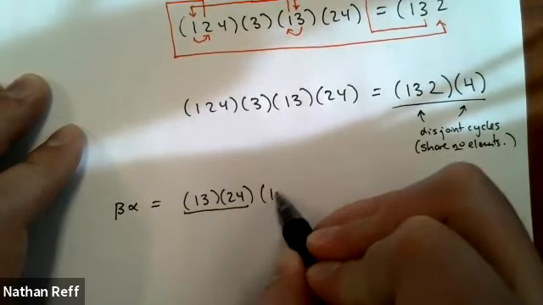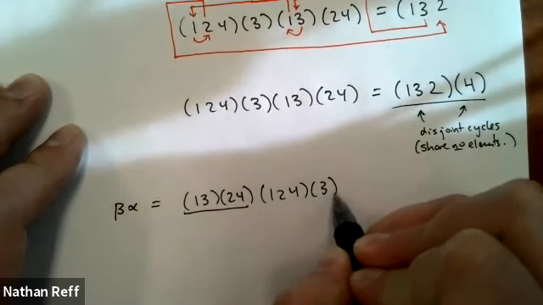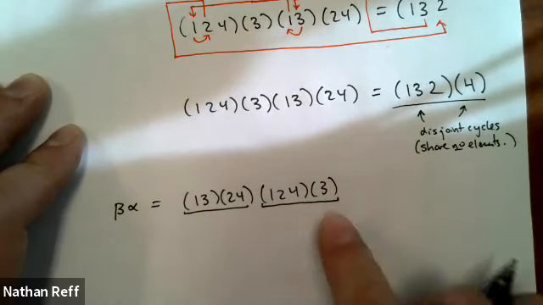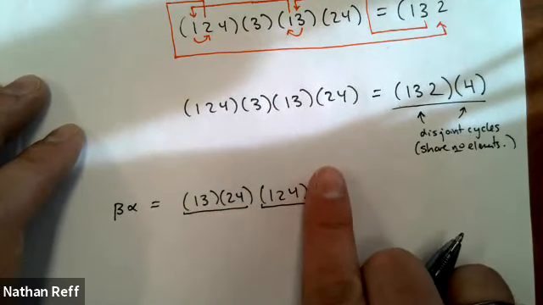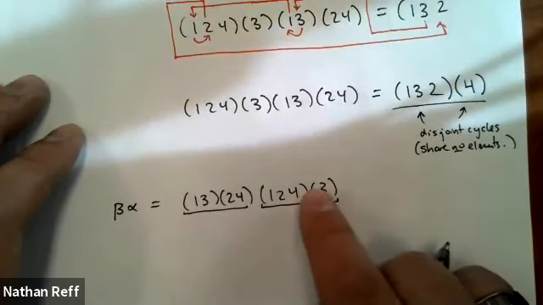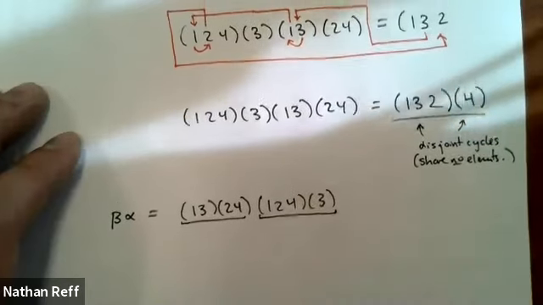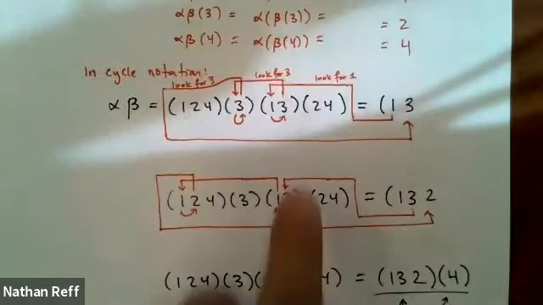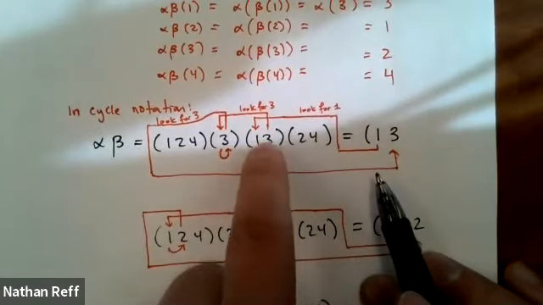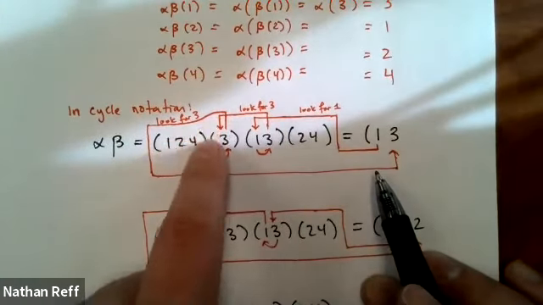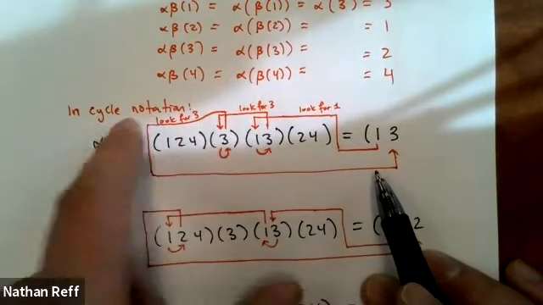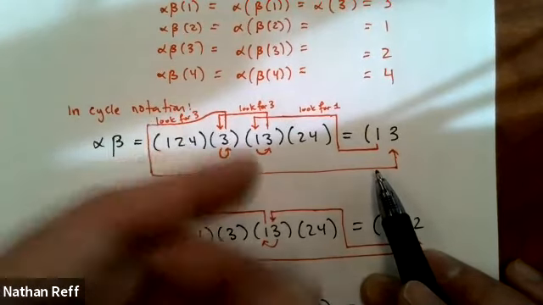And alpha was 1, 2, 4, and that 1 cycle. Remember, I also mentioned that you're not actually required to write 1 cycles, so you could just write this, because the 1 cycles don't really tell you anything. It's always going to map 3 to itself. So following this process, you see up here at the beginning, when I got to this part where I'm currently a 3, it would pretty much just pass over this 1 cycle, regardless of whether it is a 3 or not.